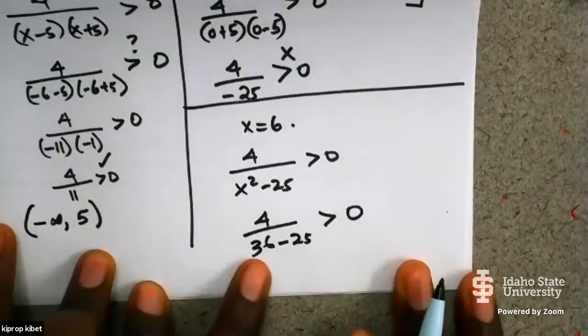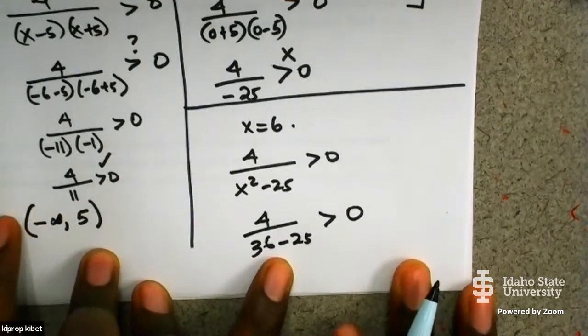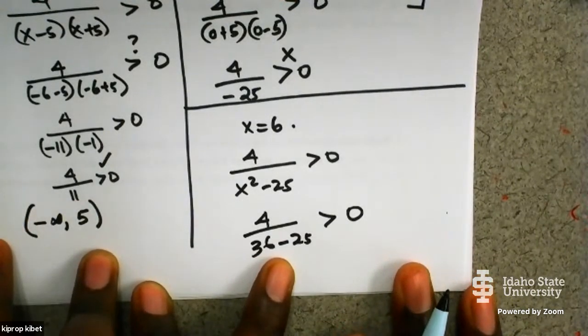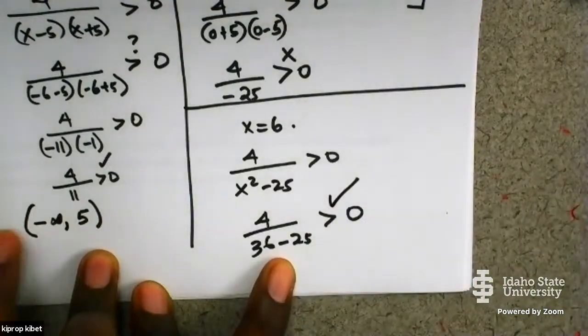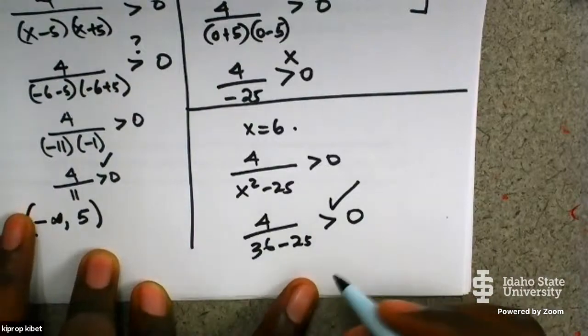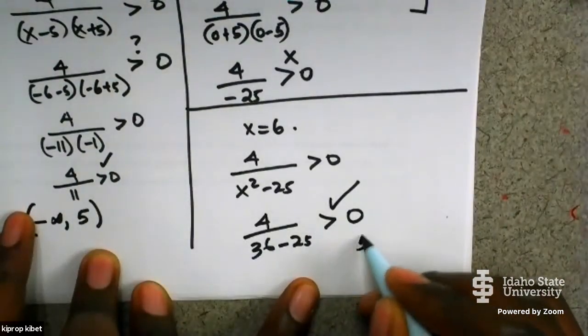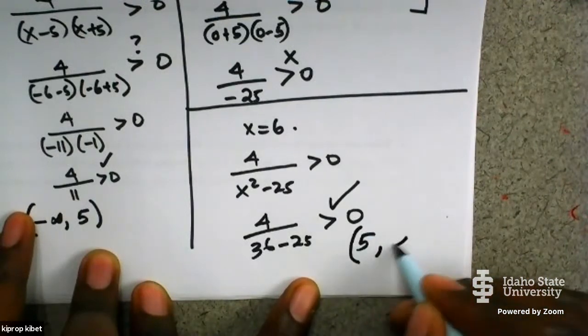It is greater than 0 because 36 minus 25 is 11. That agrees. So our interval notation there will be 5 to infinity. Are we including 5? No.